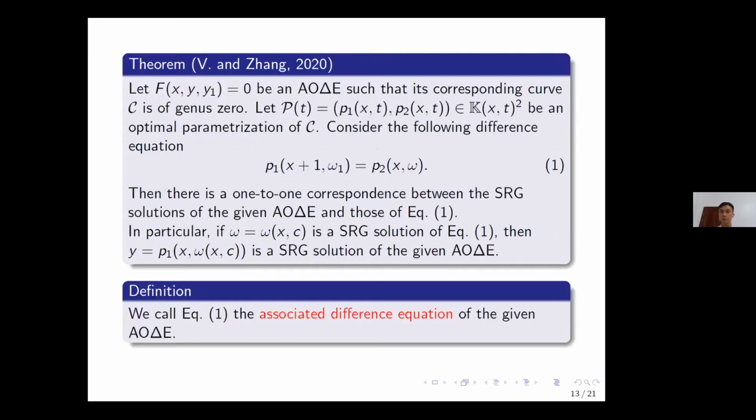Now we go to the transformation of the given differential equation by using optimal parameterization. We do as follows. Let F(x, y, y1) = 0 be the given AO delta E. And now we can assume that the corresponding curve is of C0 0.